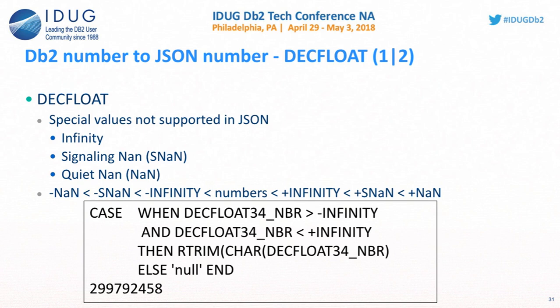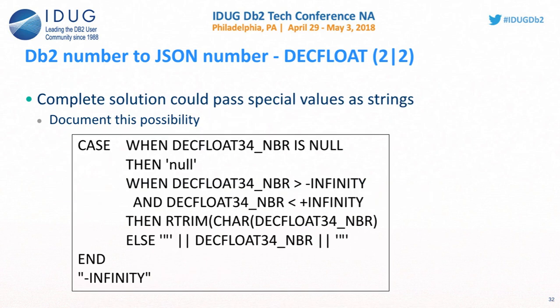But to help you guys out, if you have to deal with that stuff, there's just a slight change you can put in there. I put the null function on front, just in case you've got a null deck float number. If we are greater than negative infinity or less than positive infinity, there I'm going to put the number out.